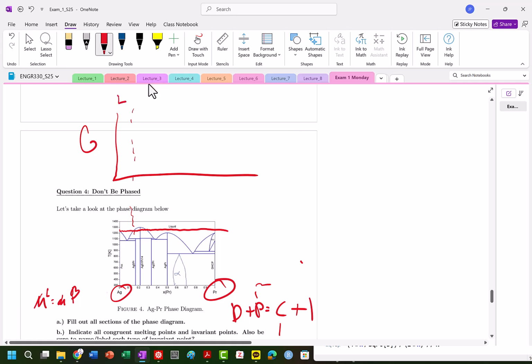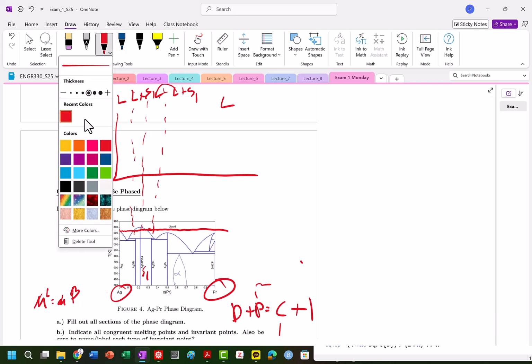Then from here to here, we're going to call this basically solid 1. So now I'm liquid plus solid 1. And then from here to here, I'm also going to be, let's just draw that. I'm drawing it exaggerated. That's also going to be liquid plus solid 1. And after that, this is all liquid.